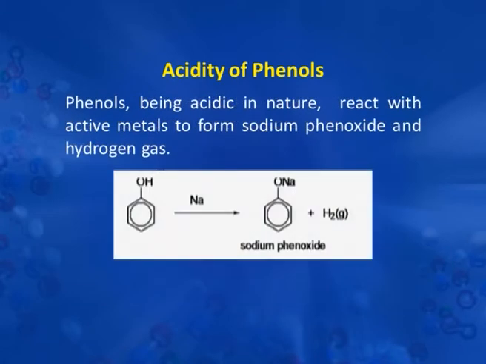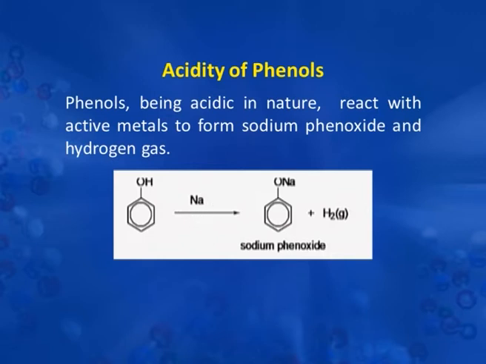In this particular case, phenol reacts with sodium metal, highly basic in nature, to form sodium phenoxide and hydrogen gas. This again is an example where phenol is showing its acidic character.